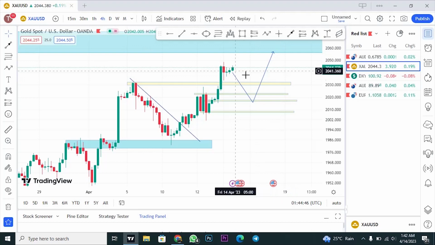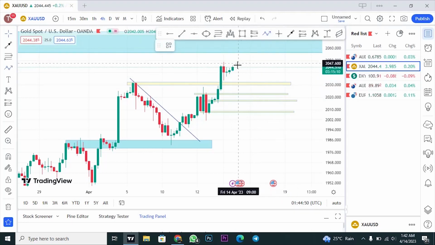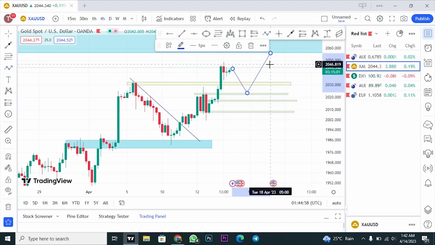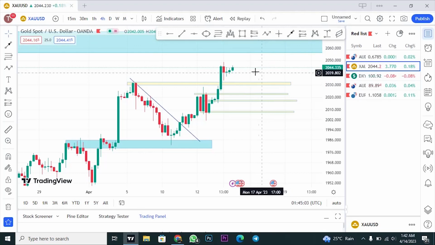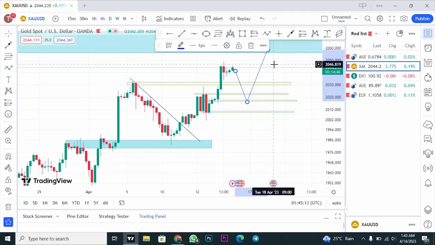But when price eventually ends up resisting right at this point, it's all good for me, because we are just reacting to what the market is saying. So my overall perception about gold is I want gold to push all the way to the downside first before a movement to the upside.